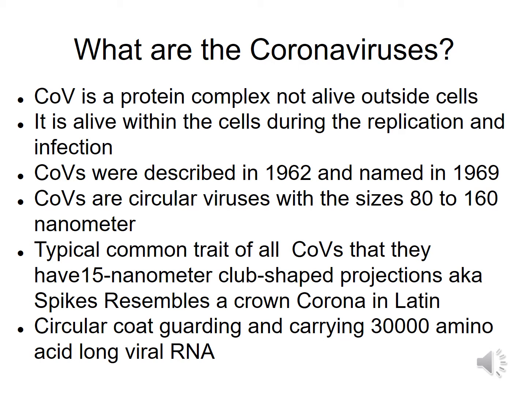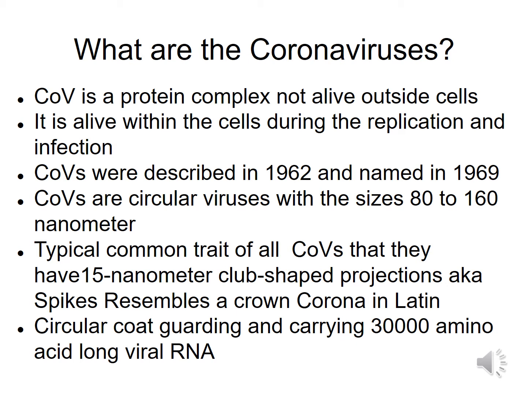They are circular viruses with a circular protein coat, and their size is 80 nanometers to 160 nanometers. The typical trait of all coronaviruses is that they have 15 nanometer club-shaped projections, also known as spikes. This overall structure resembles a crown, and corona is crown in Latin.